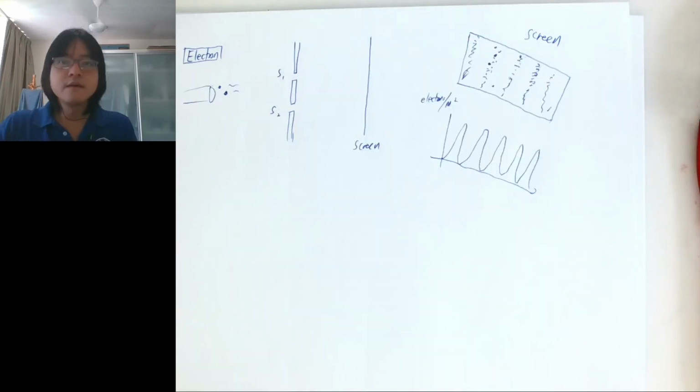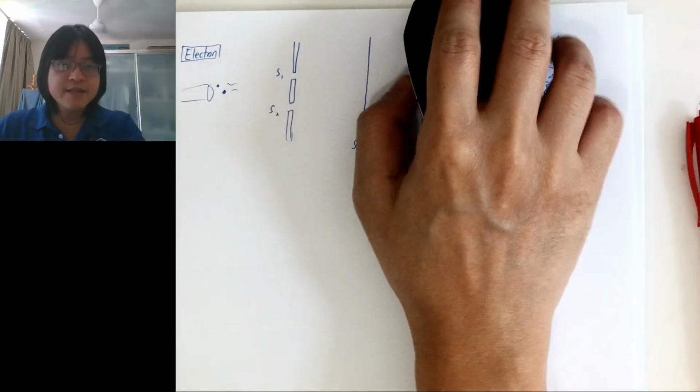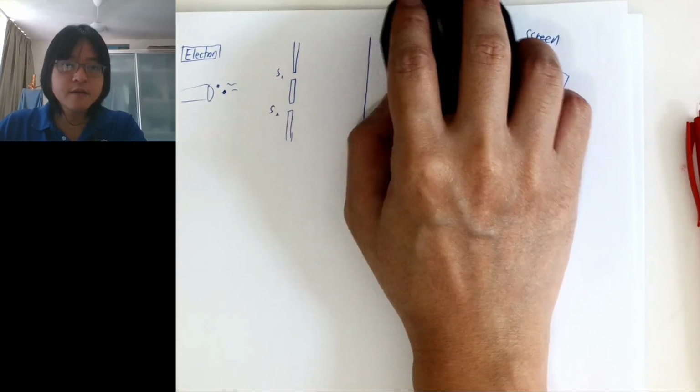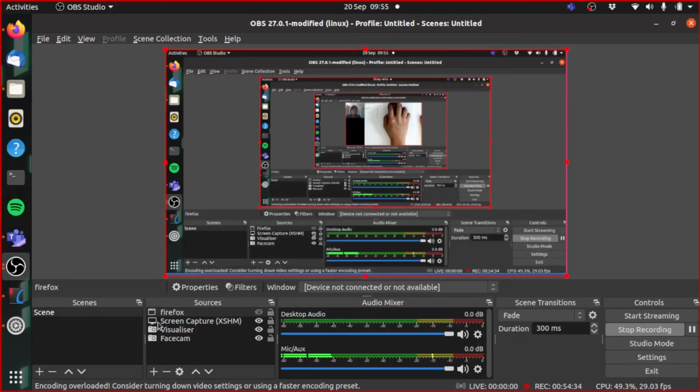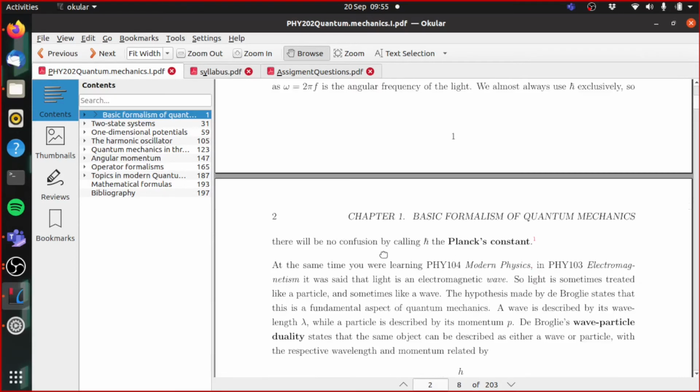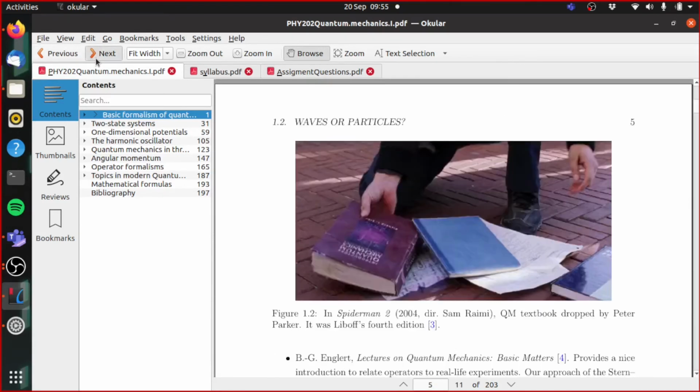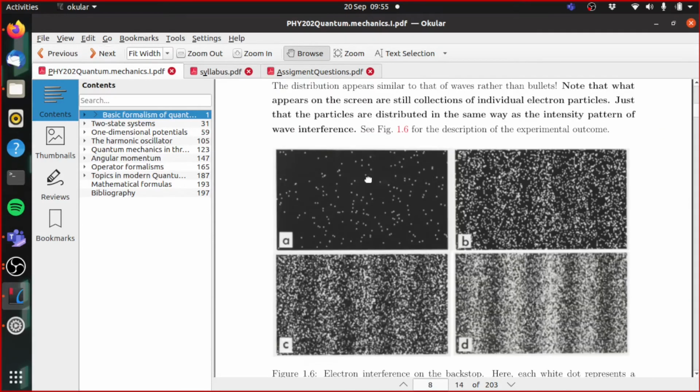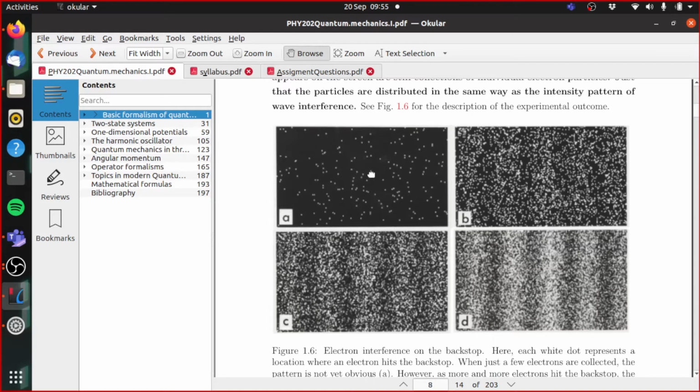Okay. So people have actually done this experiment. I will show you the lecture notes, right? So people have actually done this experiment, and this is like what I said. So this one, they actually record, like each point is the position of an electron hitting the screen, right? So many points here, the electron hit the screen. So they keep on doing it.